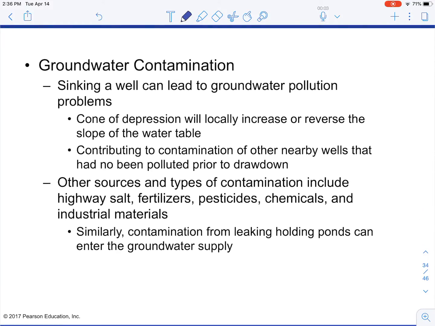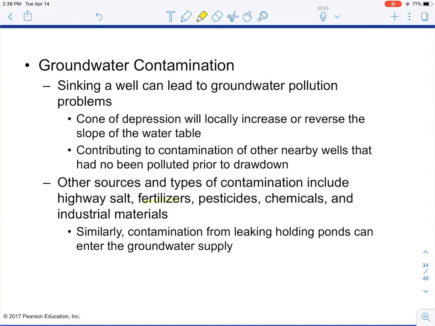Other sources for contamination of wells could include salts that we use to treat roadways in the winter, fertilizers and pesticides, and herbicides. This is particularly true in agricultural areas like Ohio.